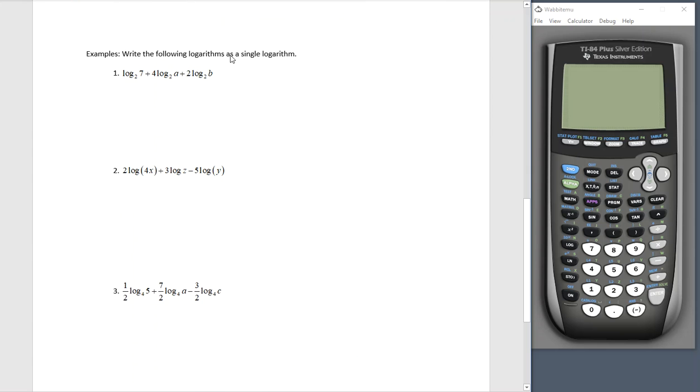So now when we write the following logarithms as a single log, we're going to start with the power rule. We're going to go completely opposite and end with product and quotient rules. All right, so we do it just opposite.